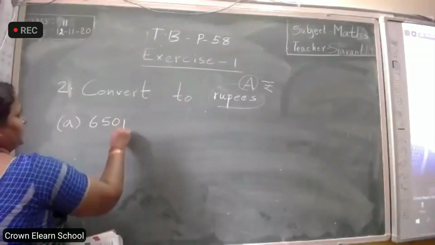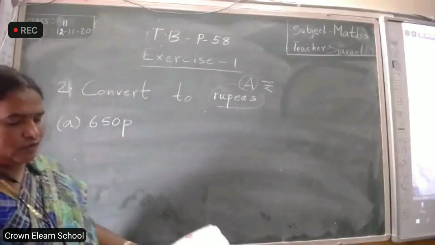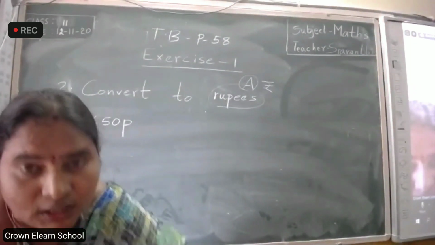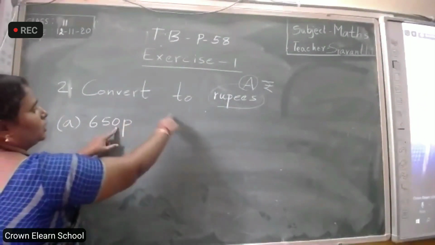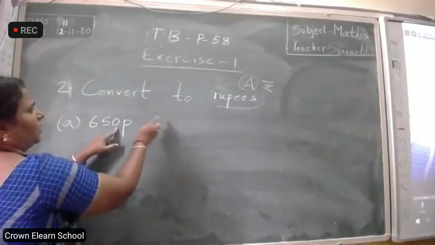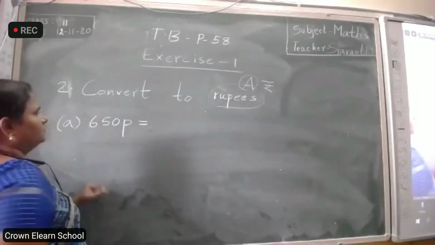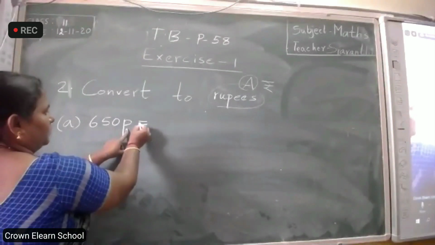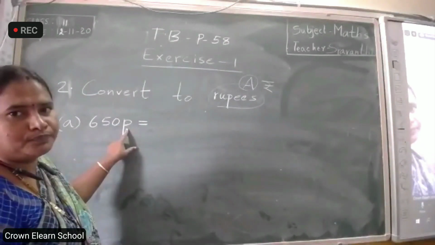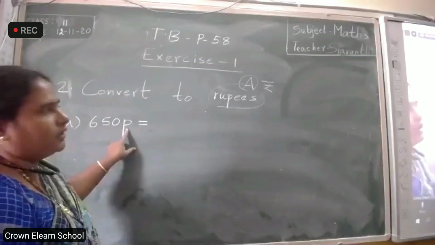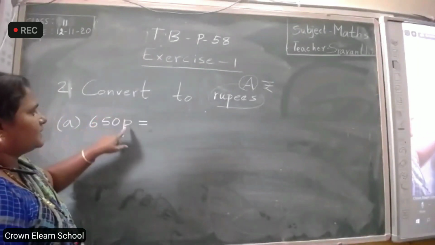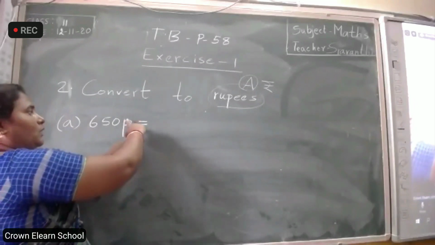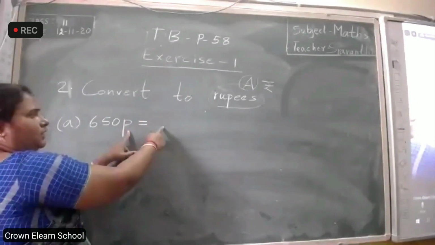650 paise. Okay, we have to change this from paise to rupee. Equal to, already 650 is there in the textbook, put the equal to symbol. Now paise is there in the question, we are changing paise to rupee.